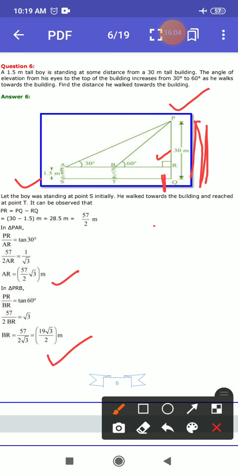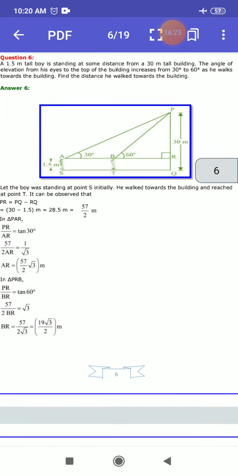So this is the value of BR, but you are not asked to find this value, you have to find the AB. So how to find the AB? See the picture here, AB is equal to AR minus BR. You have to use these things.